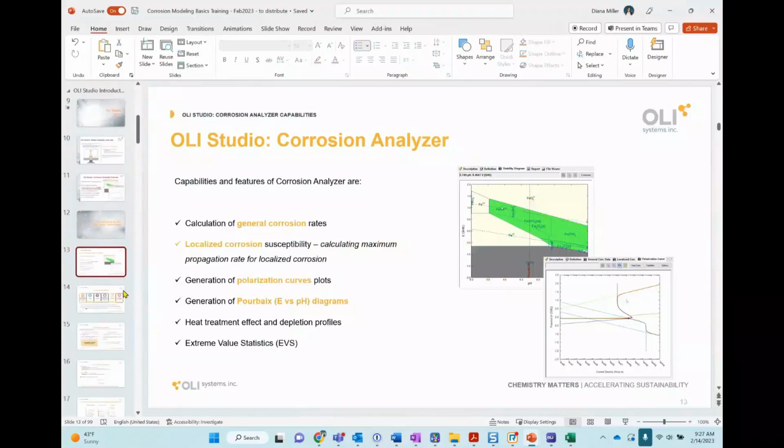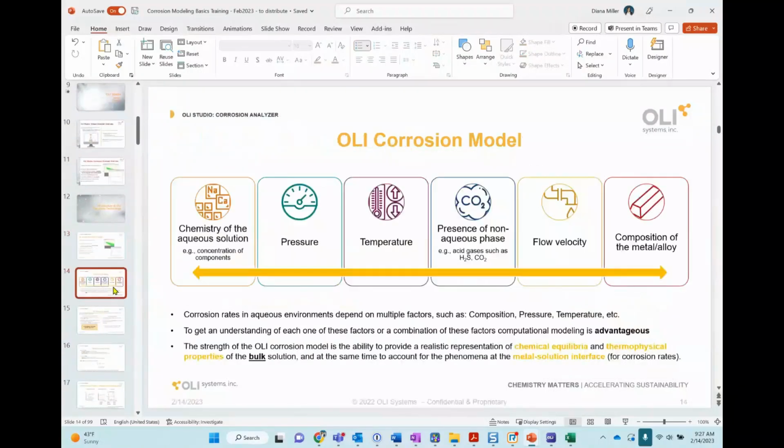Okay, so let me talk about the corrosion technology, specifically how OLI has developed this corrosion model, so every time that you use it, you understand what the software is doing when it's giving you a corrosion rate. We all know that for corrosion to happen, there are several factors that can influence corrosion damage.